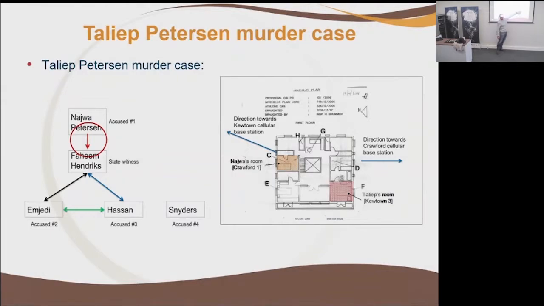We've got the ground floor as well, and we could establish how she was moving about the house. That was because we had the luck on the outside. If the house was slap bang in the middle of a cell, we wouldn't have been able to. But just because we were lucky in this instance, that the house is on the border between two cells, we were able to.